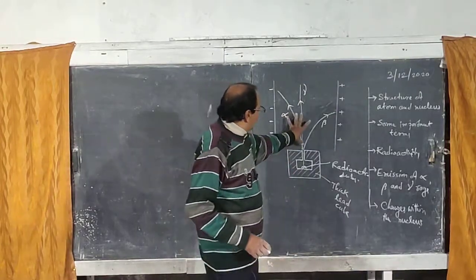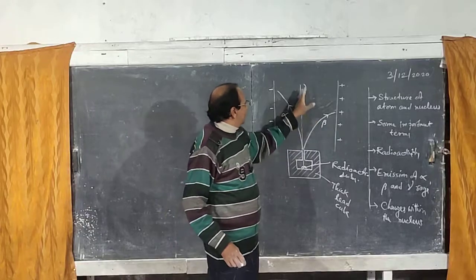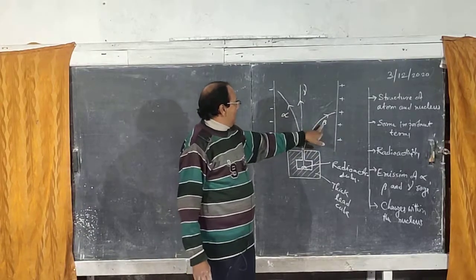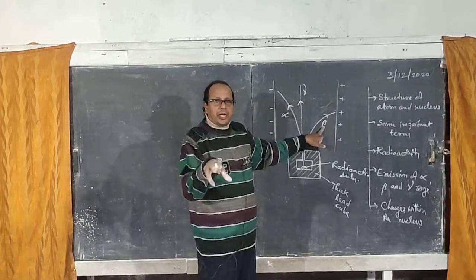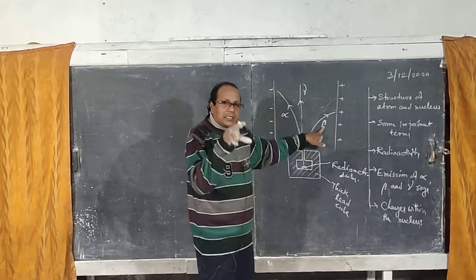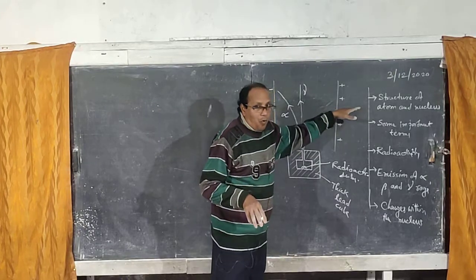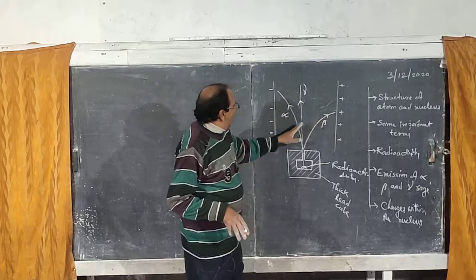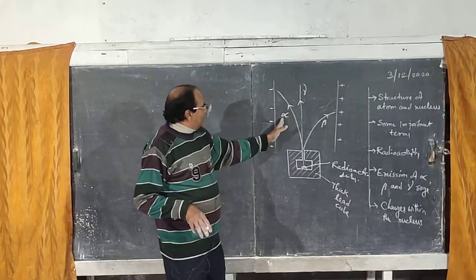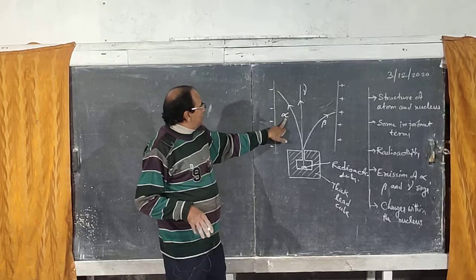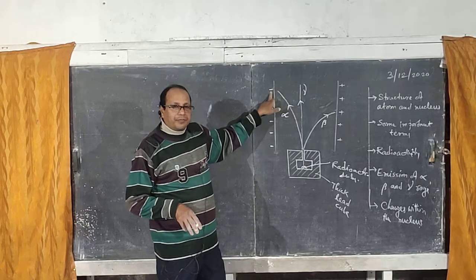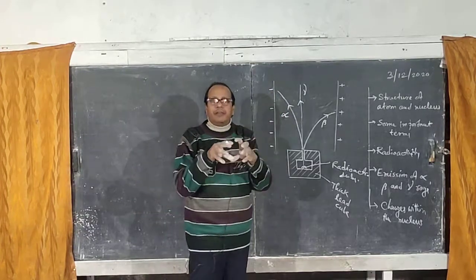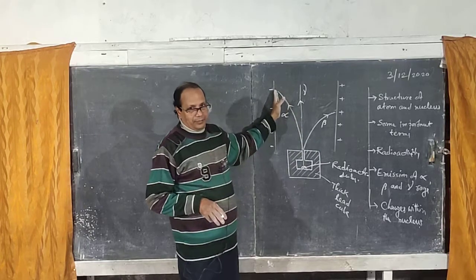So from here we can get the properties of alpha, beta and gamma. In short, beta particles are negatively charged particles, and since they are lighter, they bend more. In case of alpha particles, being positively charged, they bend towards the negative plate, and since alpha particles are heavy, they bend less.